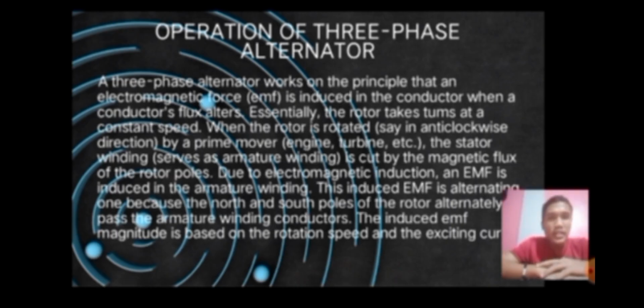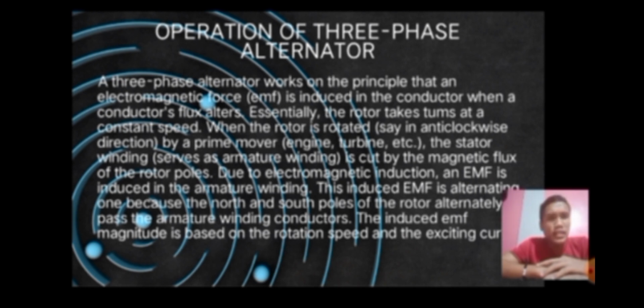Operation of three-phase alternator. A three-phase alternator works on the principle that an electromotive force, or EMF, is induced in a conductor when the conductor's flux alters. Essentially, the rotor turns at a constant speed. When the rotor is rotated, for example in an anti-clockwise direction by a prime mover such as an engine or turbine, the stator winding, which serves as our armature winding, is cut by the magnetic flux of the rotor poles.